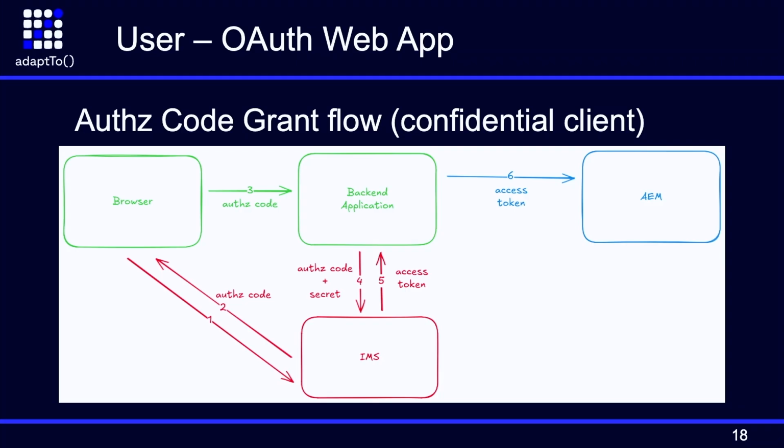So the application sends the user to the authorization server. The user logs in. An authorization code gets created. Then the backend application negotiates an access token, and with that access token, it accesses the resource.